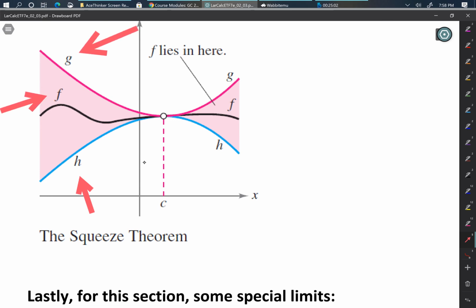So you've got Baby Bear on the bottom, Papa Bear up top, then Mama Bear in the middle. And then somehow we find a value c where we make the top one and the bottom one come together. And where is f? It's trapped in the middle. So f also has that same limit.